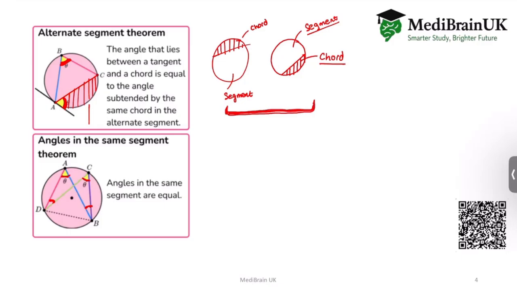If you understand this concept properly, then you will understand both of these circle theorem rules effectively. The chord is the smaller part in a circle and the segment is the larger part in the circle. Think of it like that. The chord is the line that you draw, and the bigger area, that's the segment that they're talking about in circle theorems.